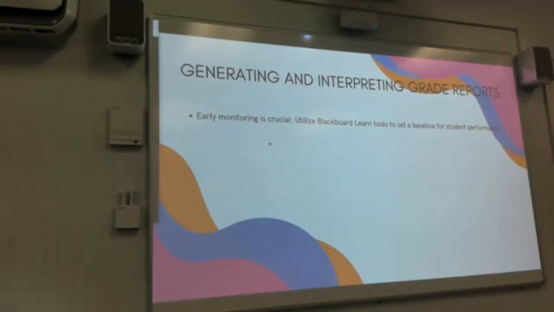Things with grade reports: early monitoring. These tools establish a baseline for student performance and help students make sure they're off on the right foot, because they can also access this through their interface. I believe it's called How Am I Doing?